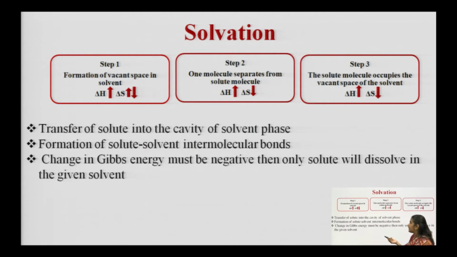We will recall the same three steps. Step 1 is the formation of vacant space in the solvent. Delta H increases, and the change in entropy may either increase or decrease. In step 2, one molecule is separated from the solute, and delta H may increase but delta S will always decrease.